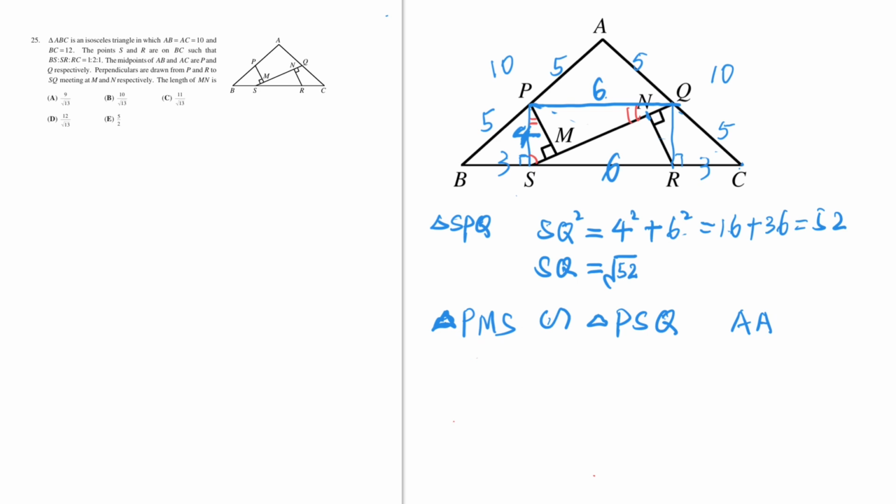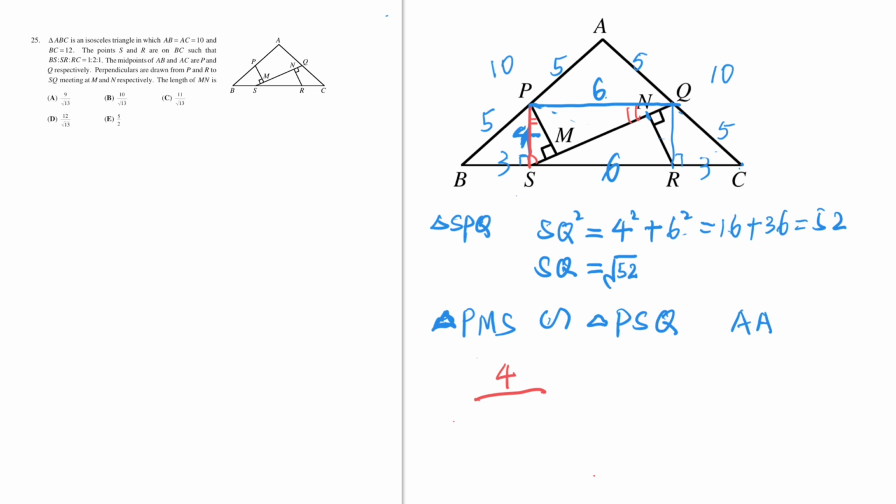So they are similar. Now we write the corresponding parts, the ratios of corresponding sides are constant. So we use SQ, that's the right triangle. So 4 is the small triangle's hypotenuse, and in the big triangle SPQ, the side length SQ is the hypotenuse.